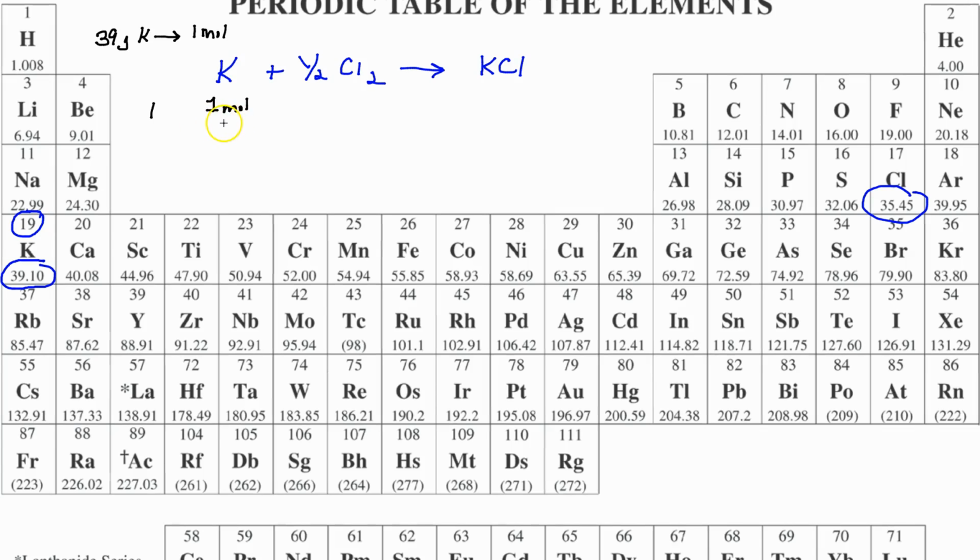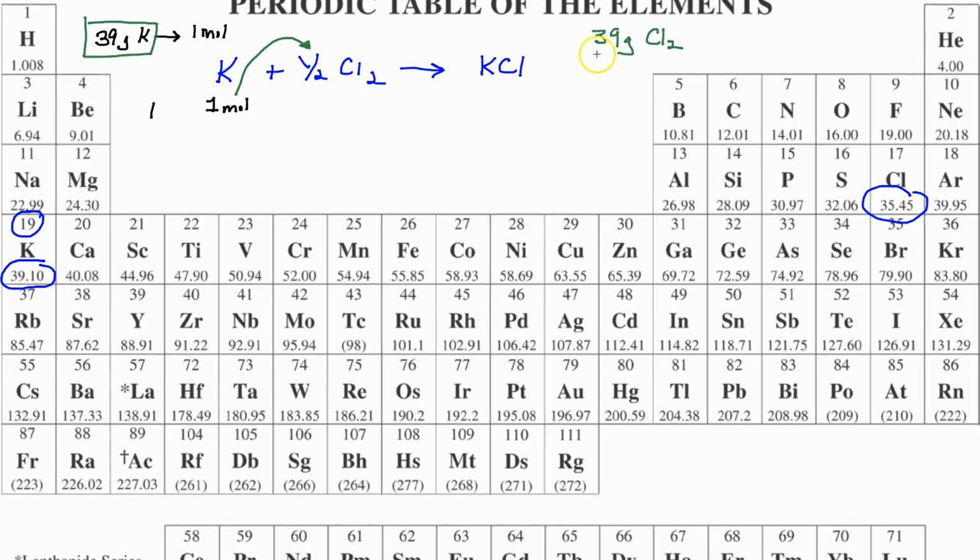Now, for all of my potassium to disappear, what do I need? As we've done before, I need 1/2 of this number to make all of the potassium disappear. So I need 1/2 a mole. Now, if we choose 39 grams, the problem said equal masses, so I have 39 grams of chlorine, and that's of course Cl2.